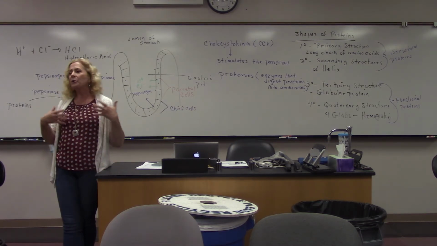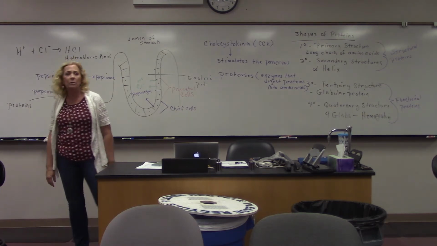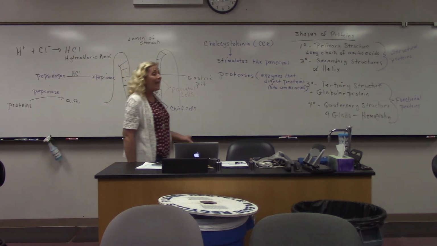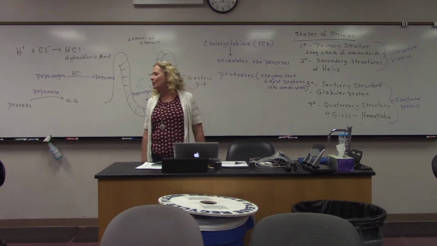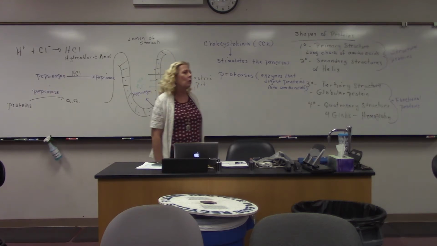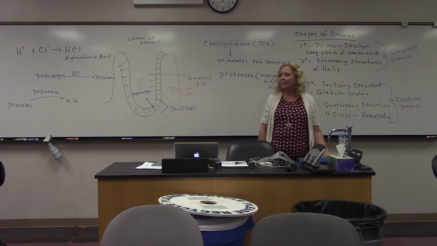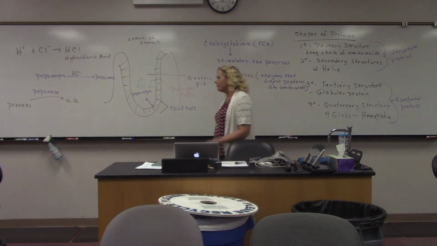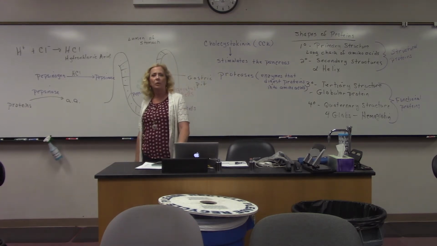Now you have far too many amino acids floating around in the bloodstream, and they may not be broken down into individual amino acids, which causes our immune system to go a little haywire and consider this an allergen, and now we try to attack something that would be considered food. And of course that's not good for the person.